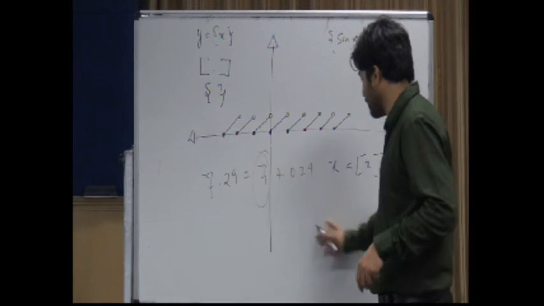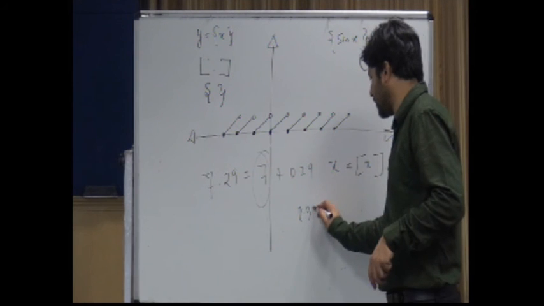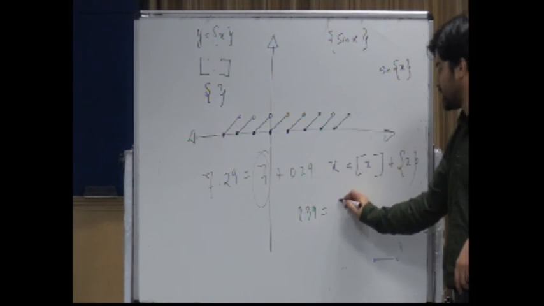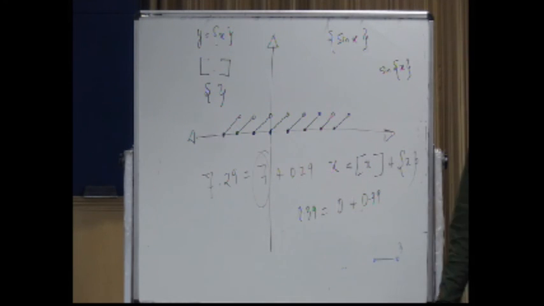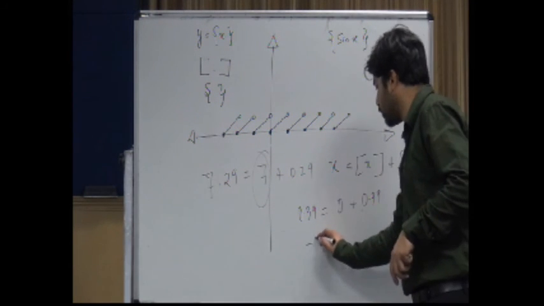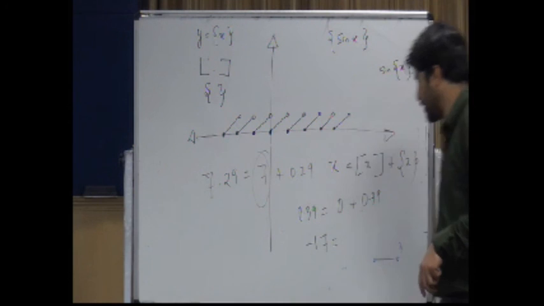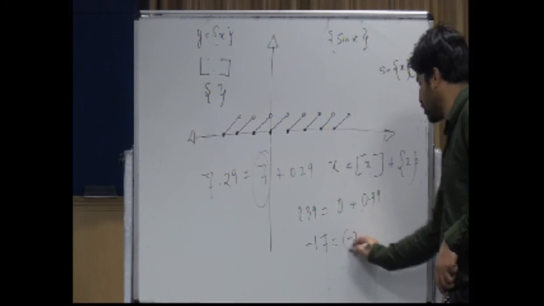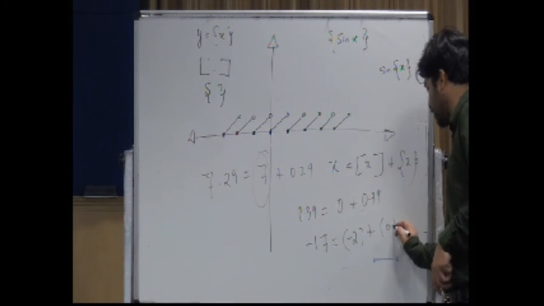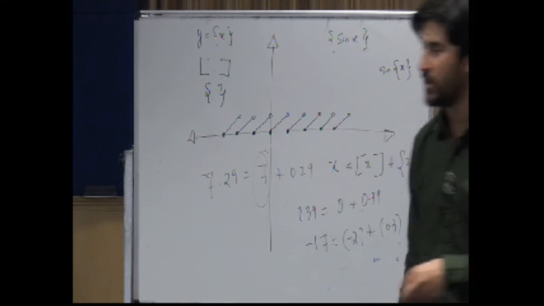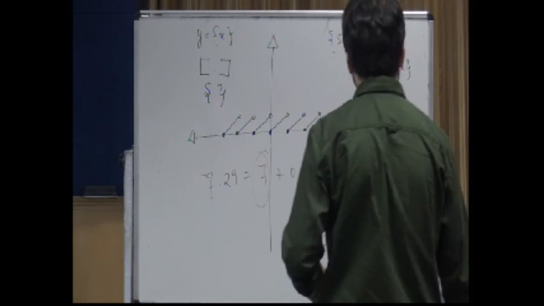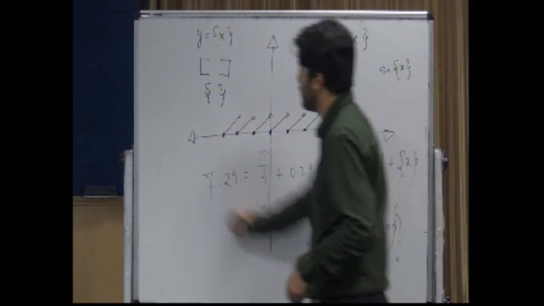Even 0.39 has integer part 0 and fractional part 0.39. Even minus 1.7 can be written as minus 2 plus 0.3. So this minus 2 is your integer part and plus 0.3 is your fractional part. So the fractional part is represented by a curly bracket.